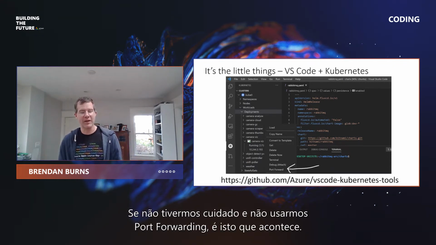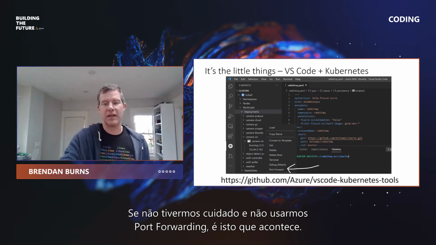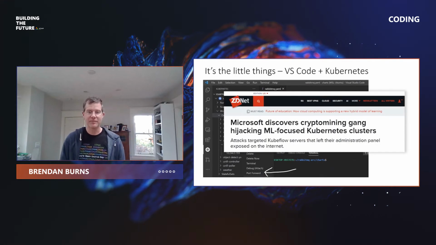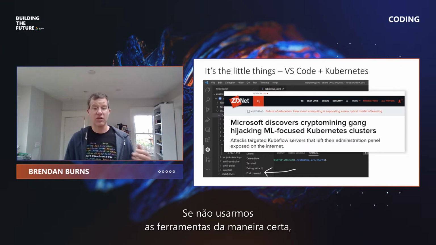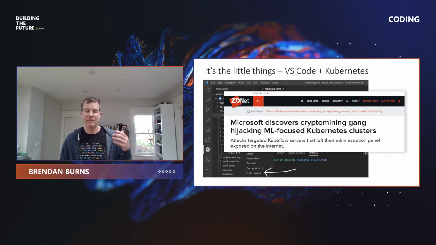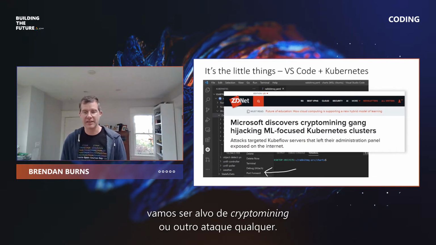Well, if you're not careful about that and you don't use something like port forwarding, this is what happens to you. Right? It's 2021 and crypto mining is the thing. And so if you're not using the tools in the right way, you're going to get crypto mined or you're going to get attacked in some other way.